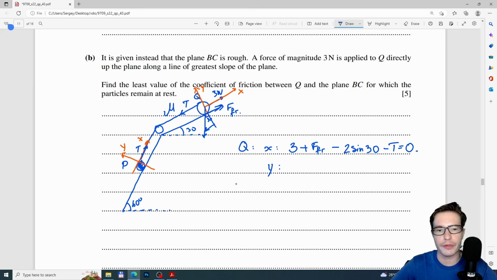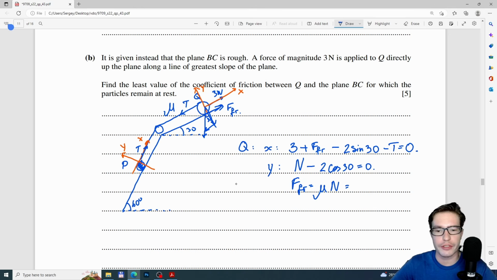Now on the y-axis, we've got the normal reaction, and we also have the y component of the weight, which is adjacent to the angle of 30, so it's N minus 2 cosine 30. That also equals 0 because of the equilibrium and because the particle is not moving in the y direction. We also know that the force of friction is the coefficient of friction times the normal reaction.